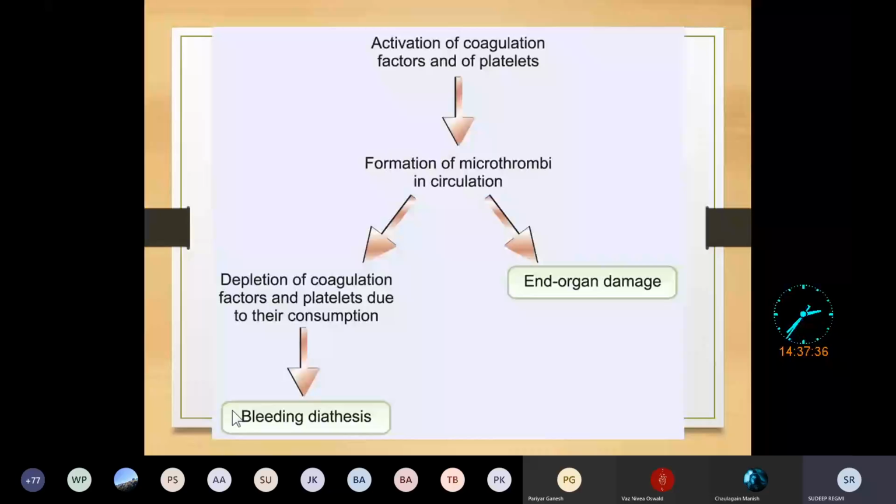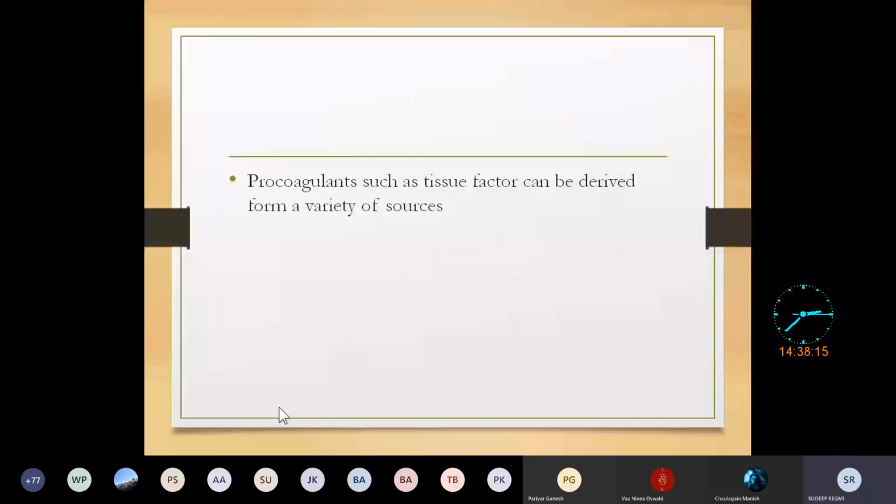One is there will be infarction, hypoxia, and infarctive changes in many end organs like kidney, the brain, lung, liver, and many other organs. But along with that, due to the depletion of the coagulation factors and the platelets and the secondary activation of the fibrinolytic system, there will be bleeding. And the procoagulants, such as tissue factor, can be derived from a variety of sources.